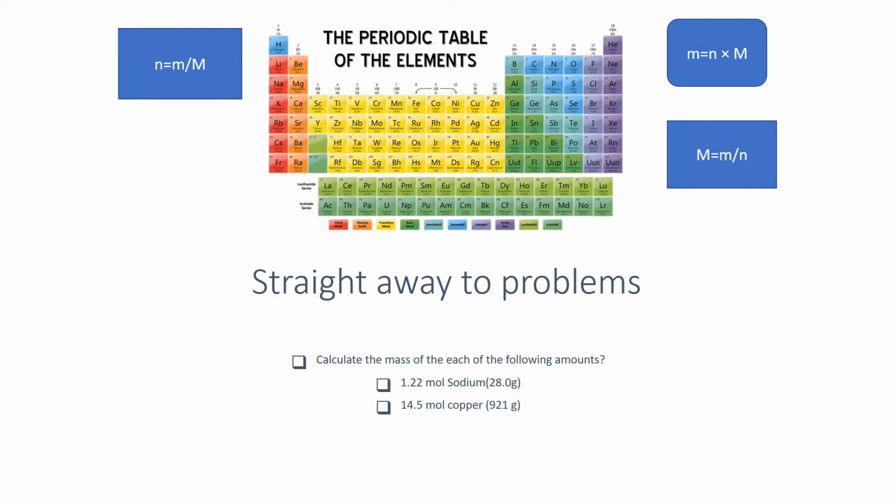So we move further. Calculate the mass of each of the following. Now they're asking for mass, so we focus on this formula: simple m equals simple n times capital M. Okay, now the first question. The number of moles given is 1.22, and it is given sodium.